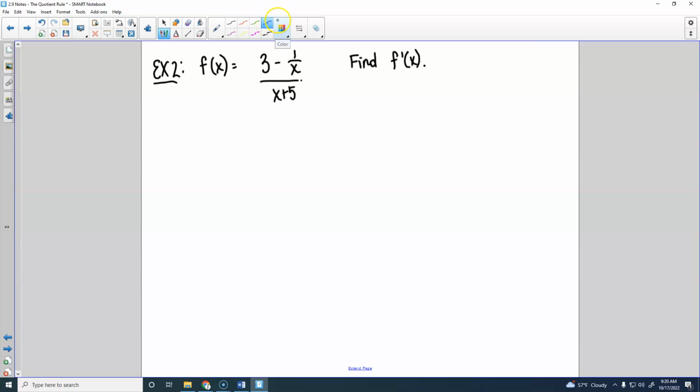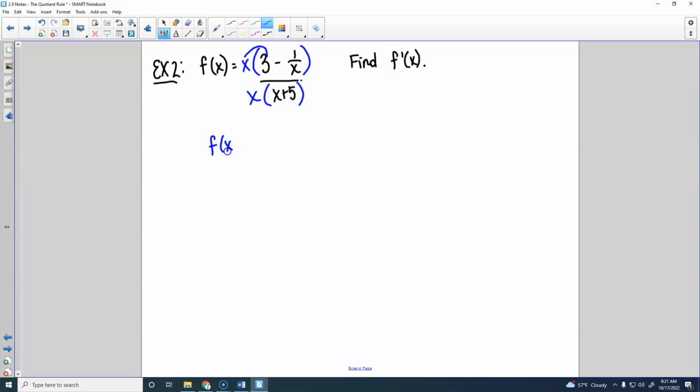So what I'm going to do here is get rid of the complex fraction. One way you can do it is to get common denominators in the top and flip and multiply. Whenever you just have a single denominator like this, I prefer the method of just multiplying the top by x and the bottom by x, because here you will distribute.